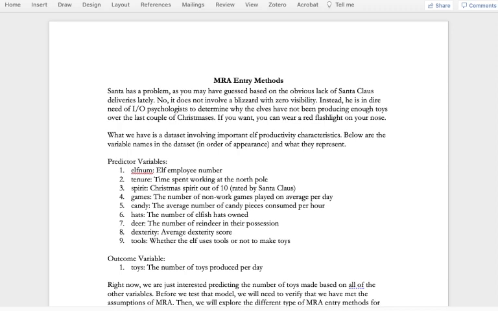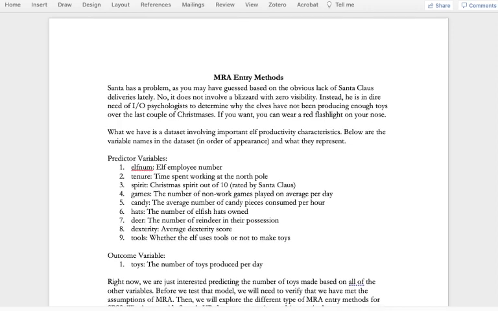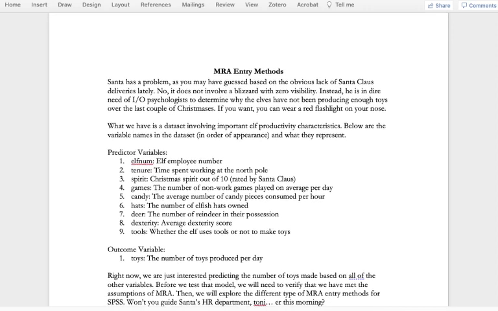As you can see, our data set today is about Christmas, because we like to try to make stats fun here. If you couldn't tell by the zombies and vampires and now elves, we want to at least pretend like it's fun.